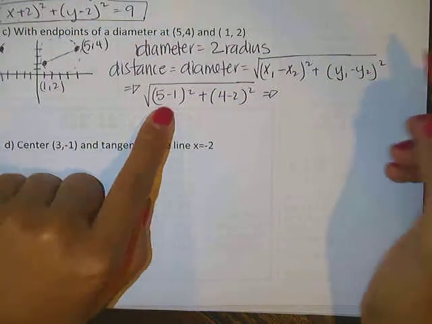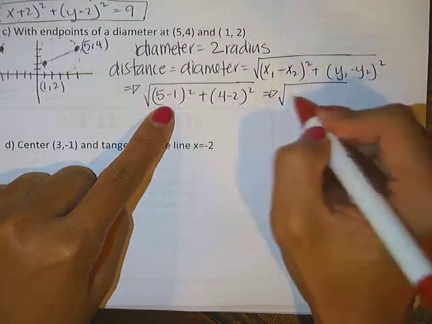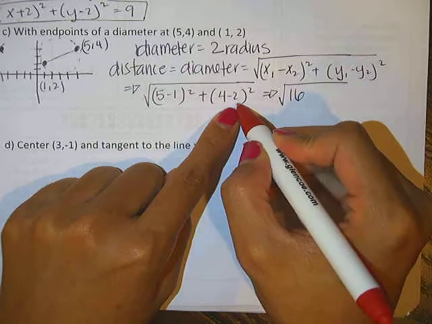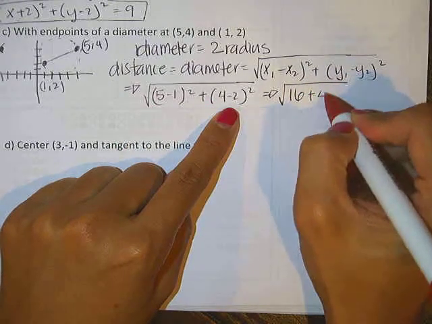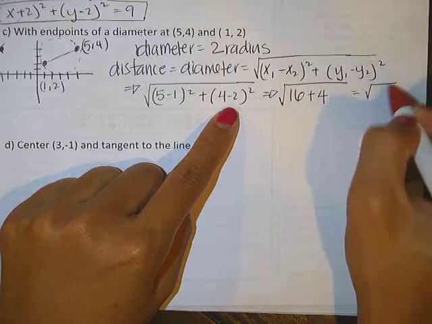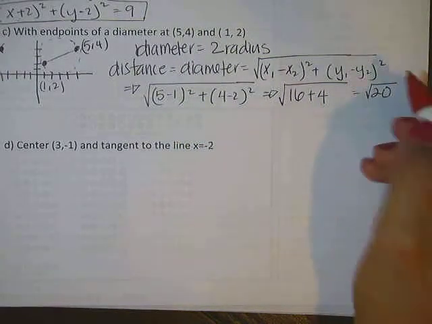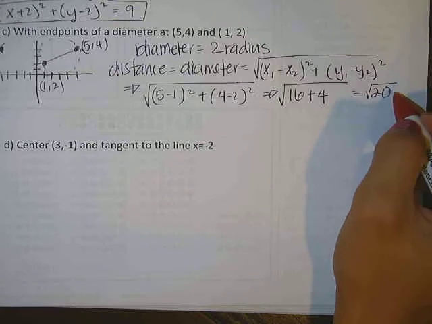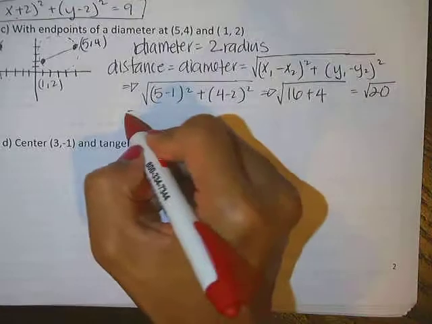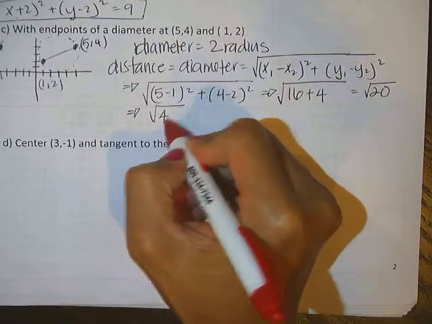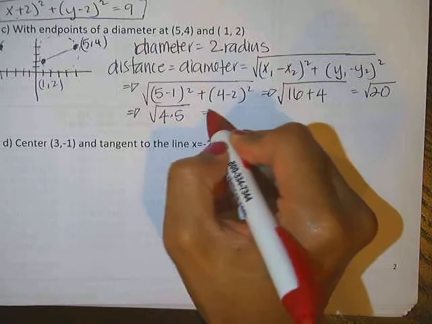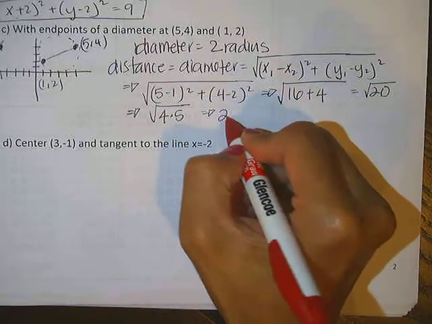5 minus 1 is 4, 4 squared is going to be 16. 4 minus 2 is 2, 2 squared is going to be 4. So this is going to be the square root of 20. The square root of 20 is the square root of 4 times 5, and square root of 4 is 2, so 2 rad 5.